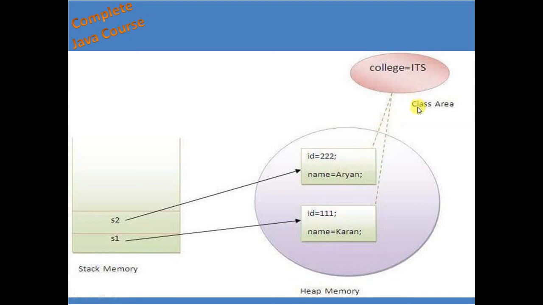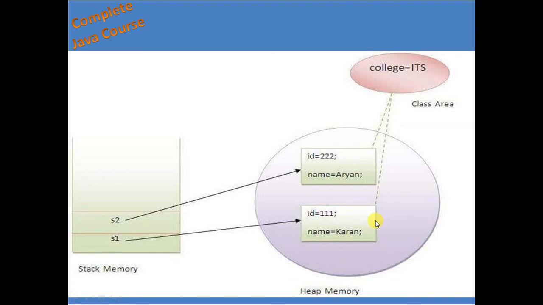But there is also the class area or method area. Class area and method area are the same. So heap memory contains the objects, stack memory contains the references, and the class area contains the static field. So the college will be stored in the static memory, and both objects will refer to the property from the class area. So this is the common property for both objects.